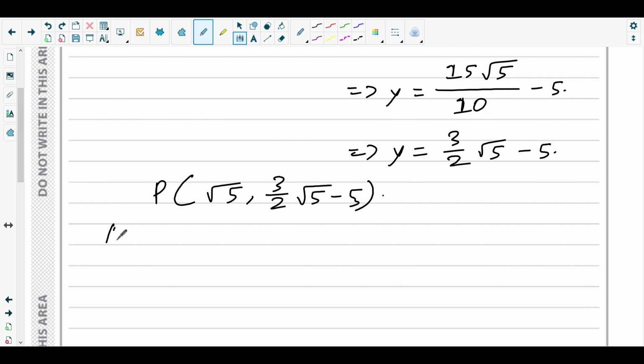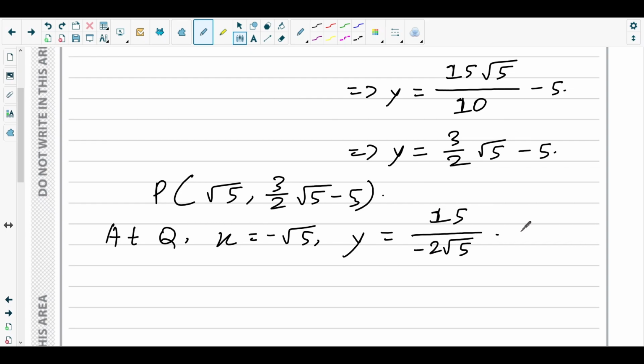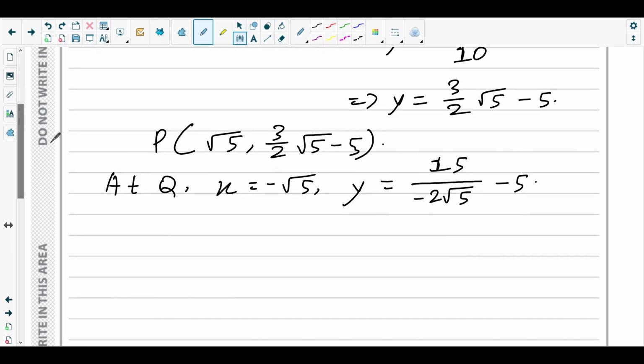Okay, now at Q, the remaining x coordinate is negative square root of 5. So the y coordinate would be 15 over negative 2 square root of 5 negative 5. So multiply the numerator and the denominator by square root of 5. So you will get negative 15 square root of 5 over 10.